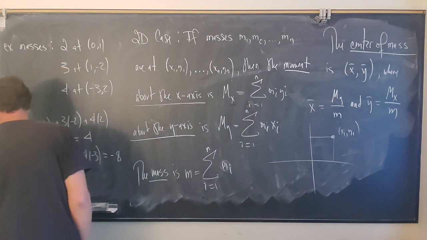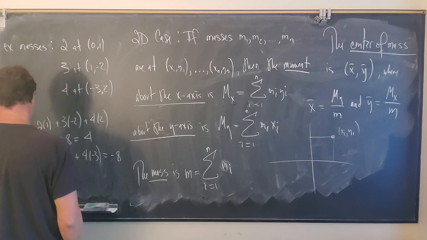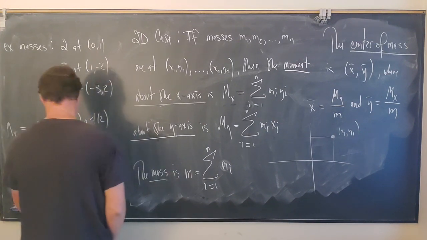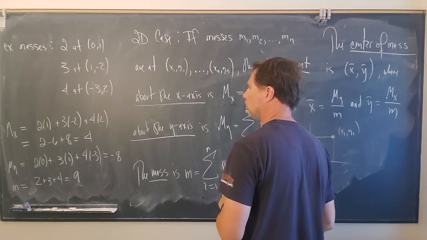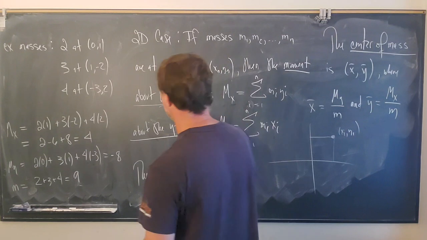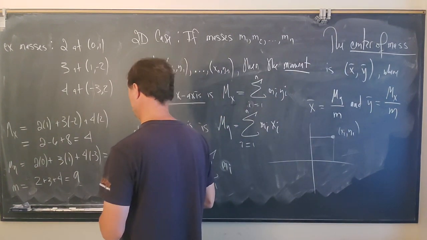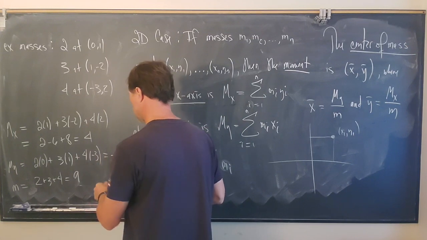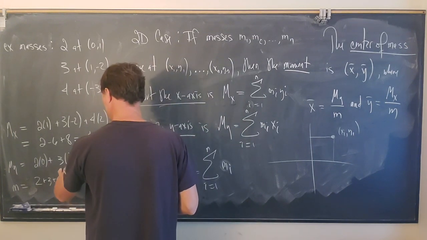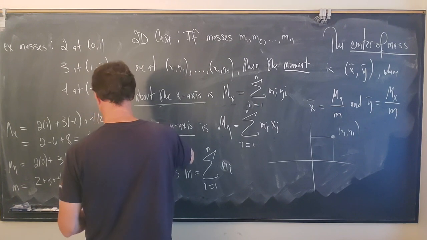We also need to compute little m. That's the sum of the masses. So 2 plus 3 plus 4. And so that equals 9. I knew something was weird here. Okay, sorry. Negative 12 plus 3. Sorry, that's negative 9.